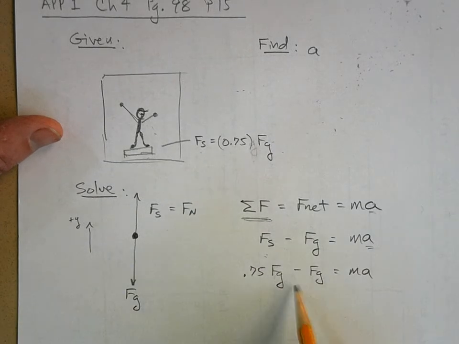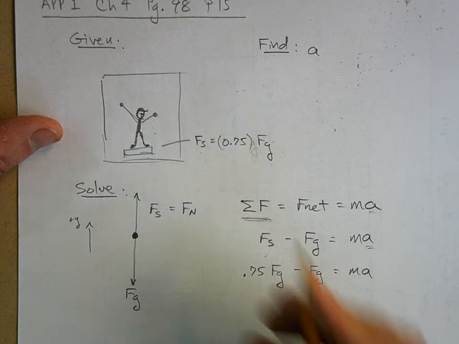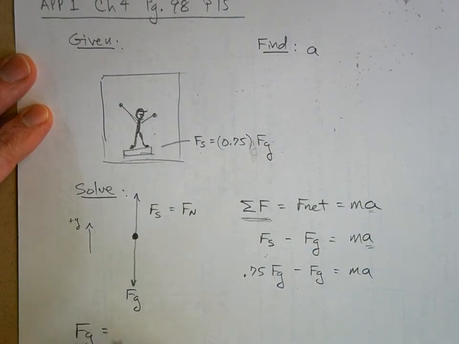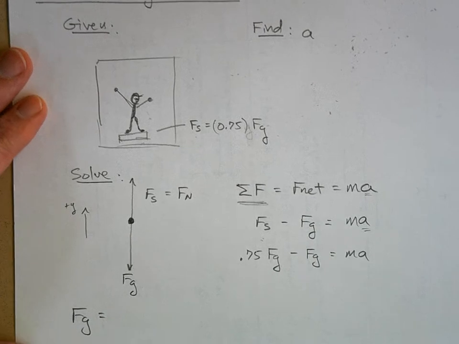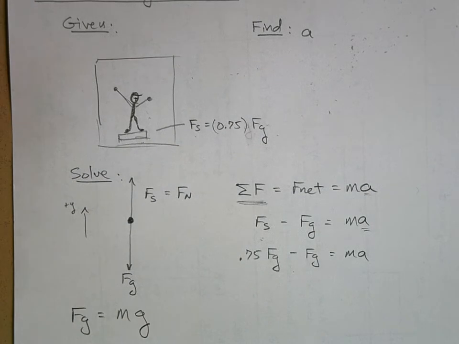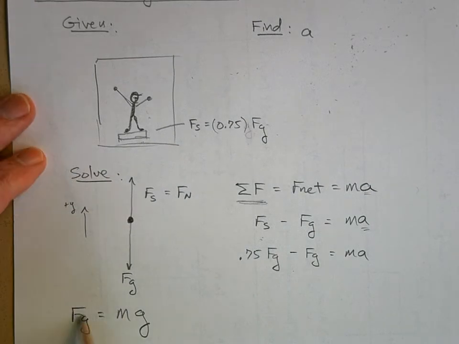Well, what is the force of gravity? Right? The force of gravity is equal to, just like what we did in the lab, the mass of the person times the gravitational field, g. Now remember, this g right here is a subscript.